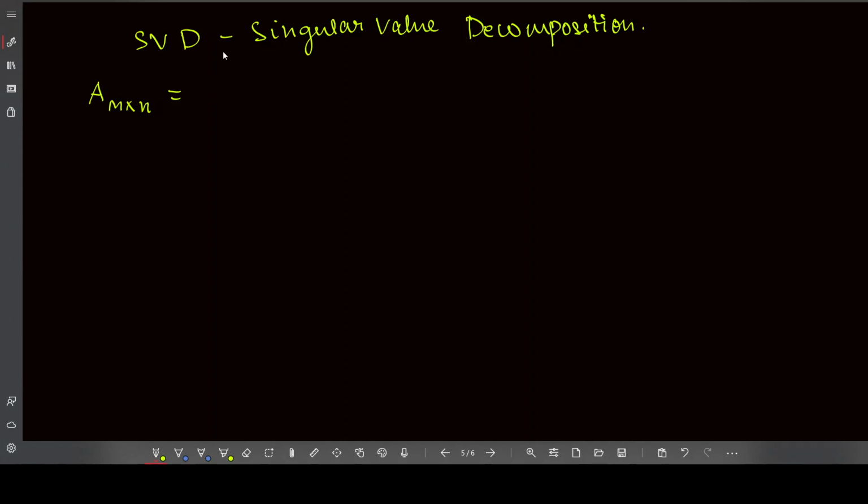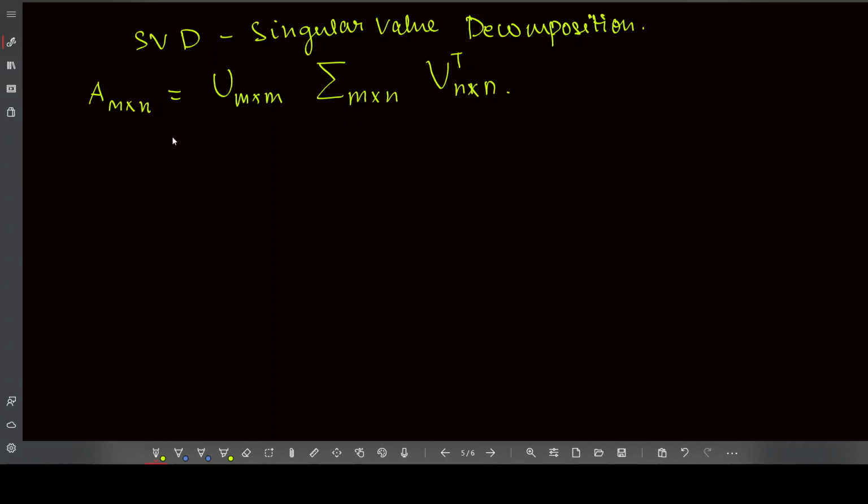According to SVD, any rectangular matrix can be factorized into three parts. The first part is U of dimension m into m. The second part is sigma of dimension m into n. The third part is V transpose of dimension n into n.